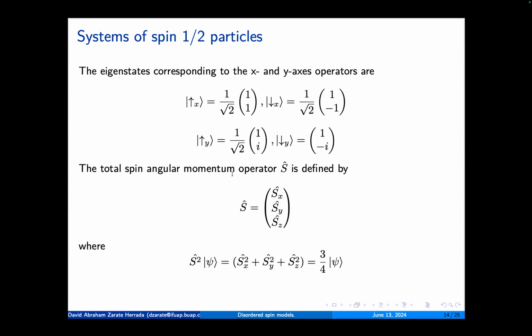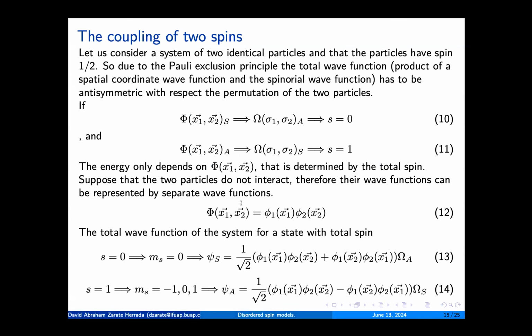I have also written the eigenstates for the spin operators in the x direction and y direction, and we define the complete spin operator in the three Euclidean directions like this, where we know that the square of this operator looks like this, and its eigenvalue is 3 over 4 when the state is an eigenstate of this operator.